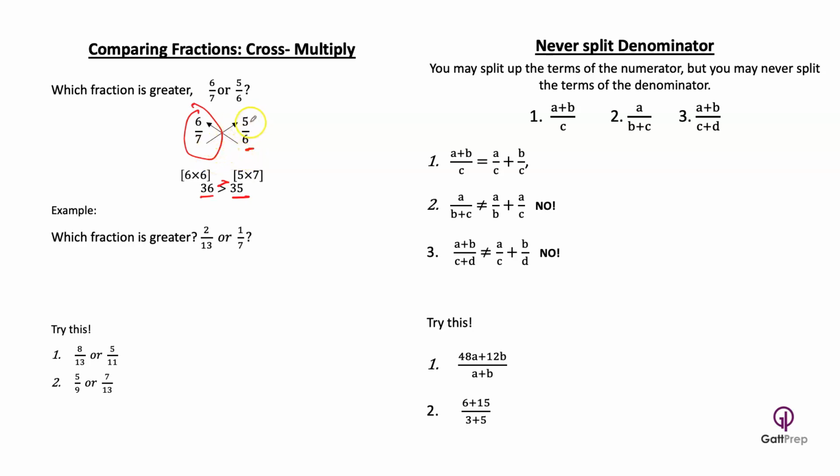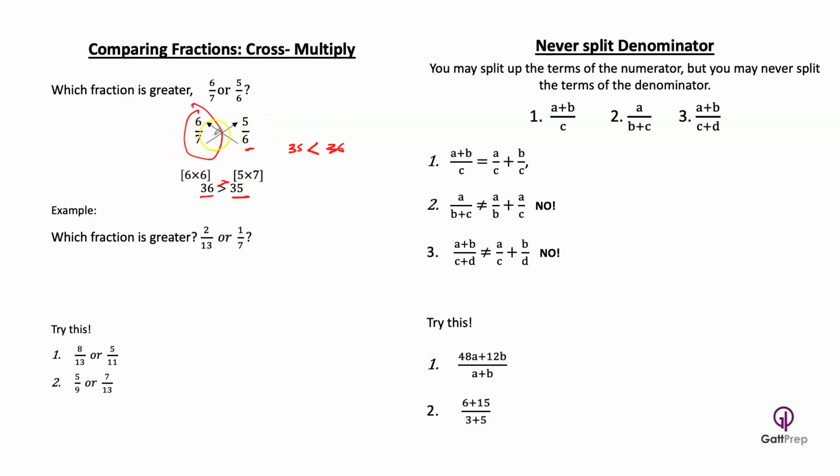Because if I move this numerator to multiply here, you are getting something completely different. So if I move this to this side and I have 35, and I move this to here and I have 36, you may say that this is bigger. So you have to be careful of how you move the numbers.